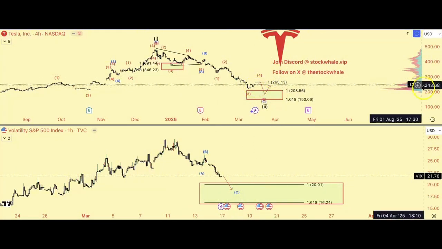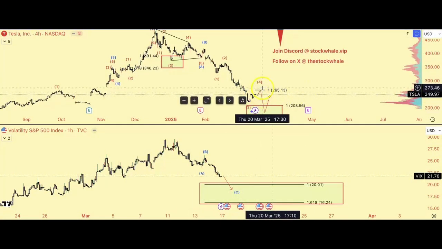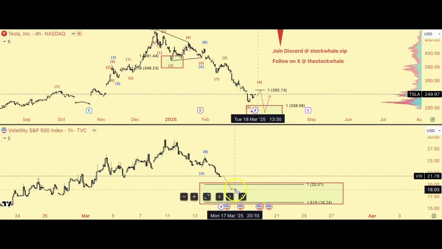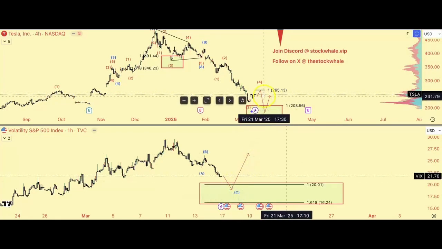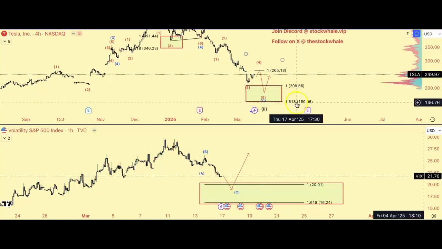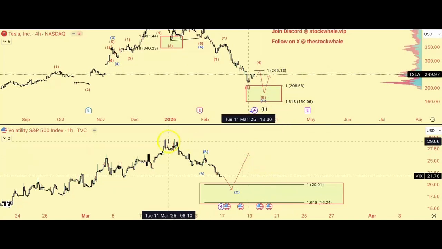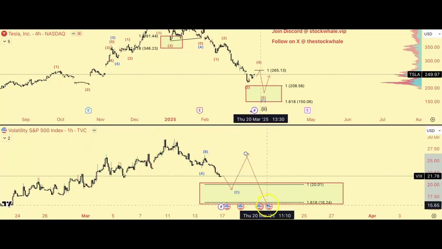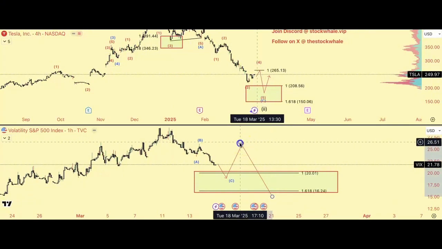So it'll push Tesla up for that fourth wave, right? Once the VIX comes into the equal lengths, now it's going to push up, which means that Tesla's going to go down, closer to the buy zone 208 to 150, and then finally it's going to come back down like this, okay, signifying this is the actual top.